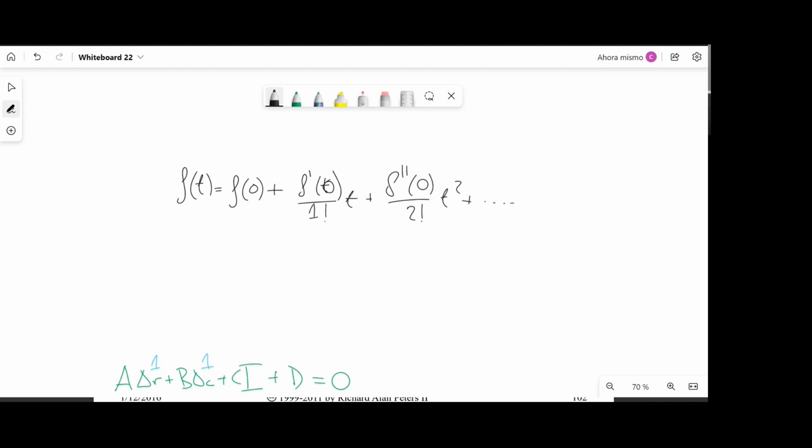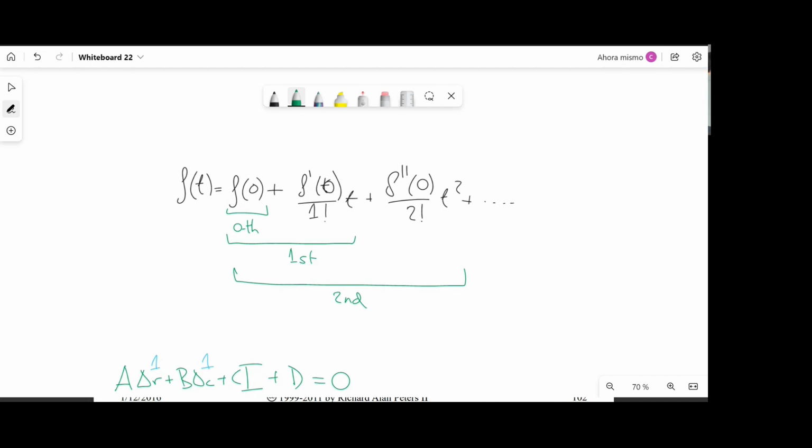So that means, let's look at this. This function is a single order polynomial. If I stop here, I approximate my function by a single order polynomial, and then by first order polynomial, and then by second order polynomials.